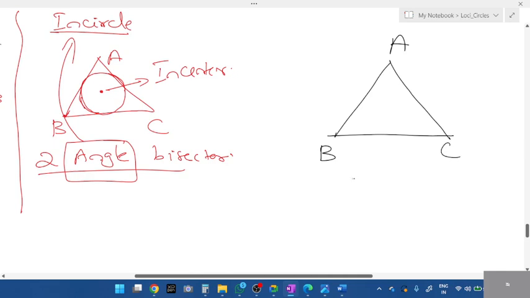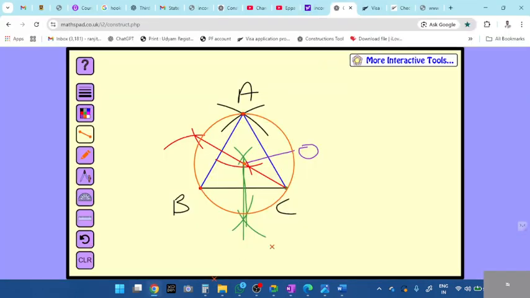Sometimes they might mention angles; if they don't, you can take any angle. You can take these two angles. Just draw an arc from here like this. Then from this point, you'll get another arc. You have to connect it. From that point, there is one more construction required. Okay, we'll start incircle.